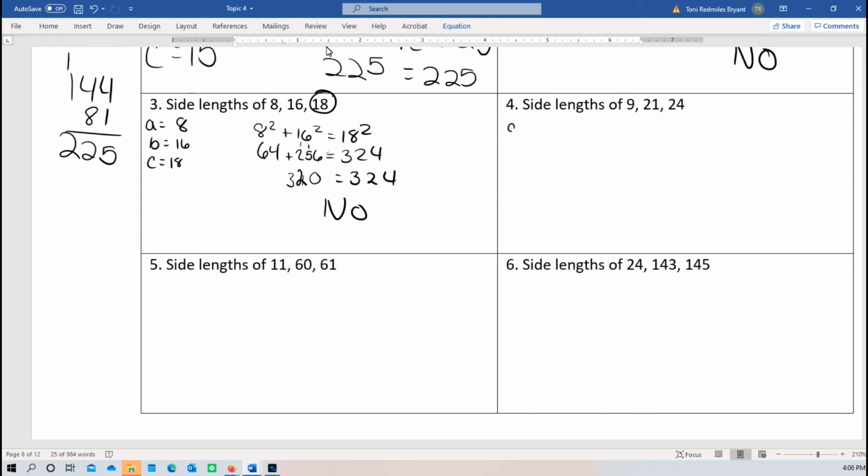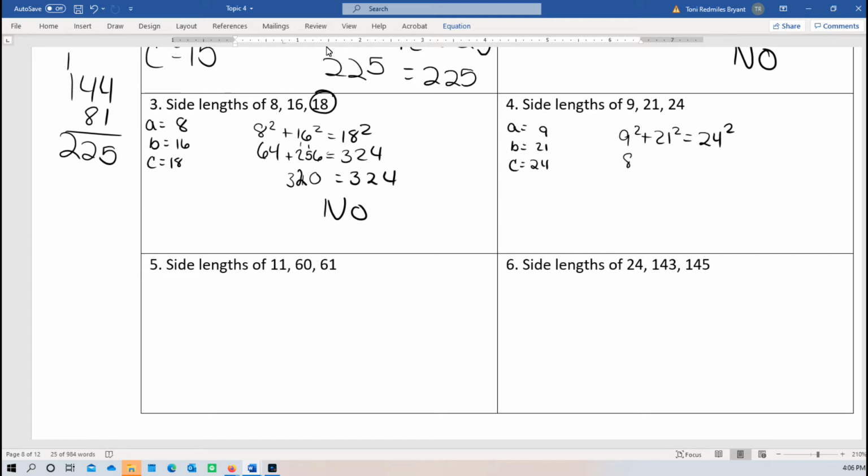Our longest side is the 24, so that's going to be our C. So the other side squared plus 21 squared equals 24 squared. The mental math trick for finding the square of these is really weird.